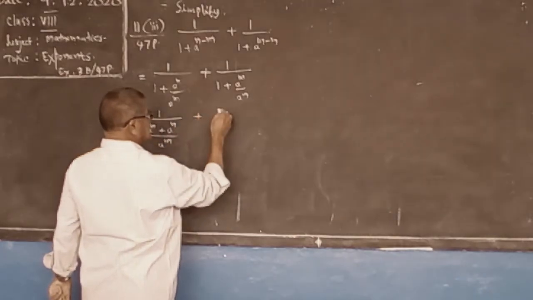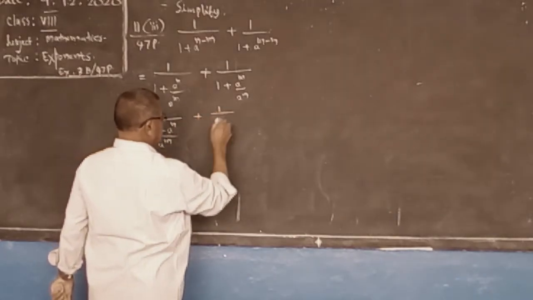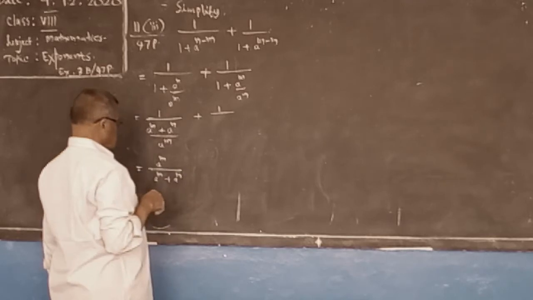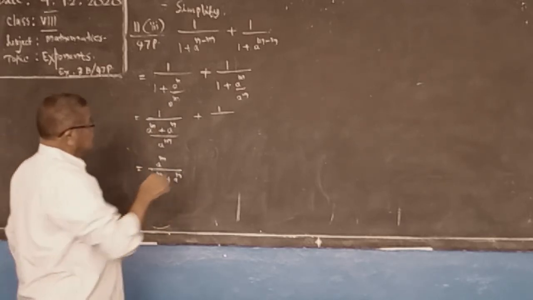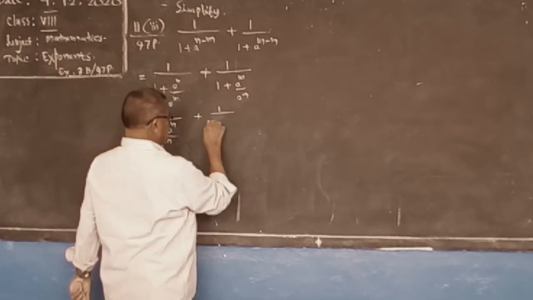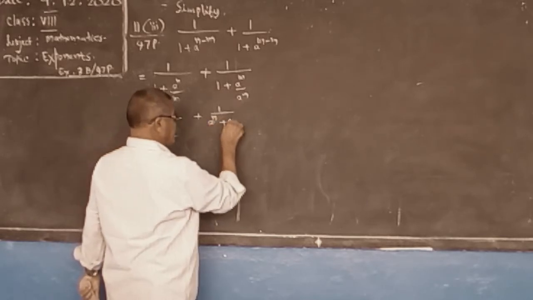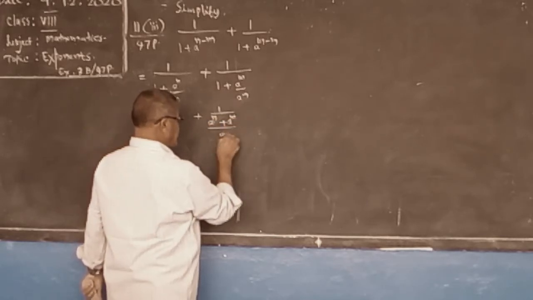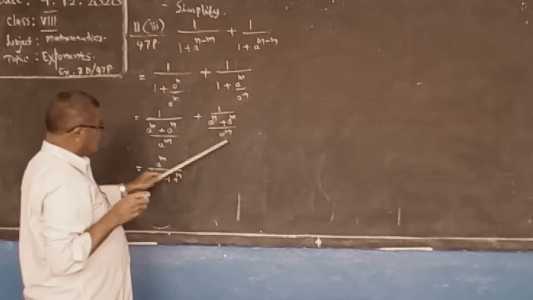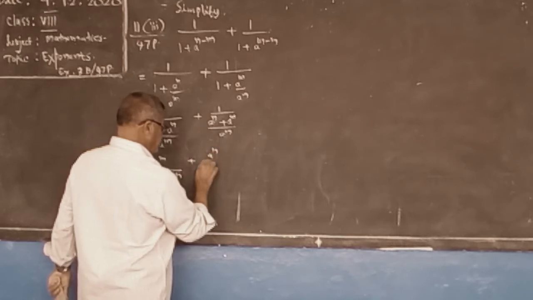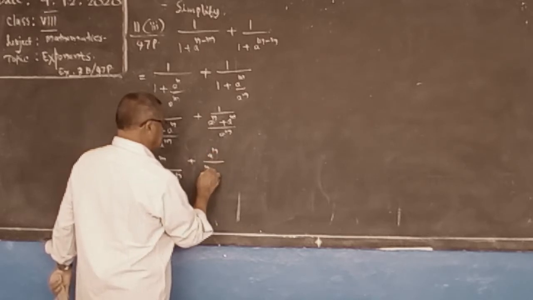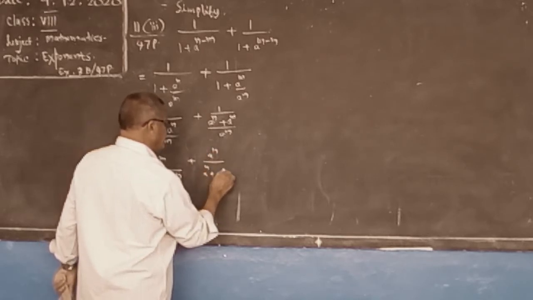This is plus 1 by this, it will go up. Taking LCM, a power n by a power n plus a power m.